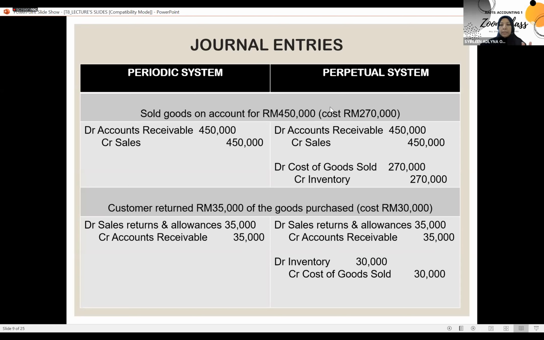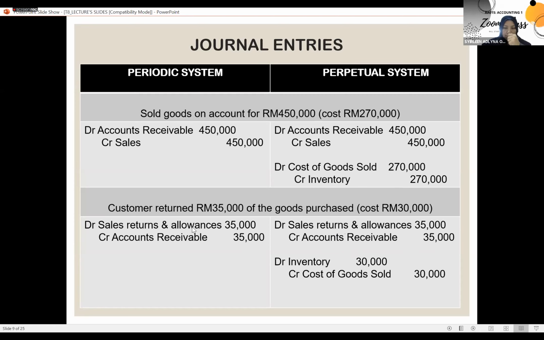So bila kita terima returns, you are going to do the same thing as well. You akan update semula your sales, that means your AR, and you also kena update balik inventory. Sebab tadi you dah keluarkan inventory tu sebanyak 270,000, but bila orang tu return balik dekat kamu, inventory tu masuk balik dalam simpanan kita. So kalau returns, dia tetap debit sales return and allowances and credit receivable.